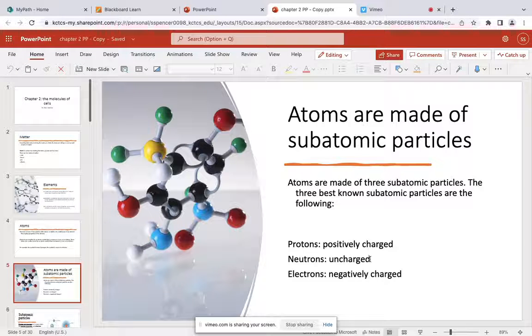And again, it's important to know that protons and neutrons are located within the nucleus of the cell. That's very testable. And electrons are negatively charged. And those exist in the outer orbital. They kind of orbit around the atom.